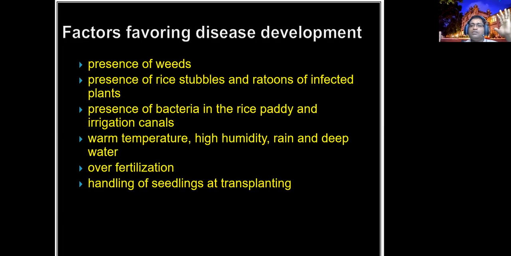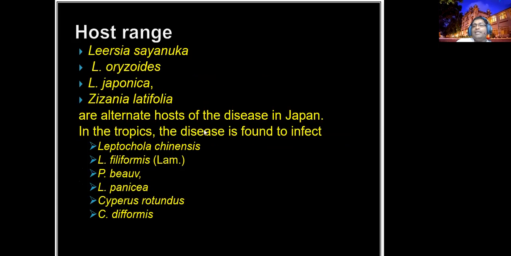So always remember that hot, humid conditions favor bacterial and fungal diseases mainly. Therefore, the rule is that you have to remove these weeds: Leersia and different species of Leersia, and other weeds like Cyperus difformis and Cyperus rotundus.